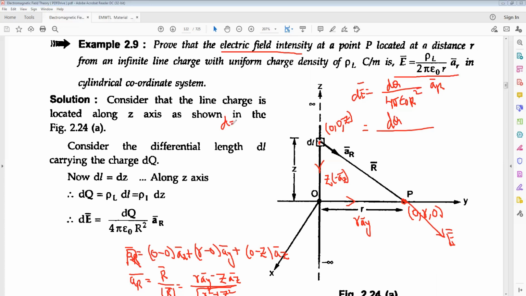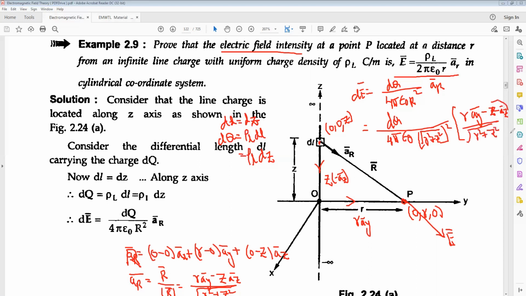The differential length is nothing but dz along the z axis, and dq is equal to rho l into dl, so dq is rho l into dz. Then 4 pi epsilon naught, and r square is under root of r square plus z square whole square, and ar bar is r into ay bar minus z into az bar whole divided by under root of r square plus z square.